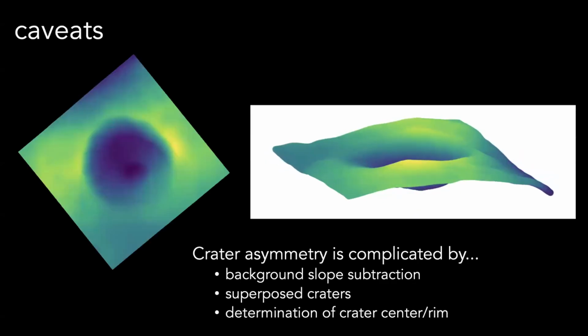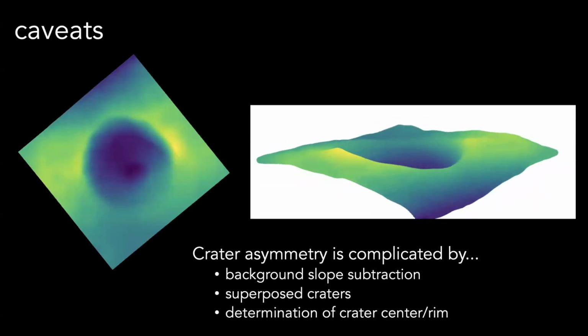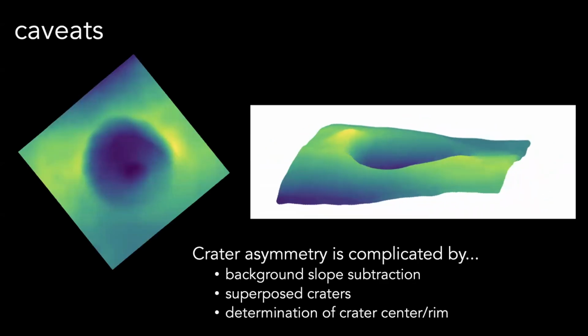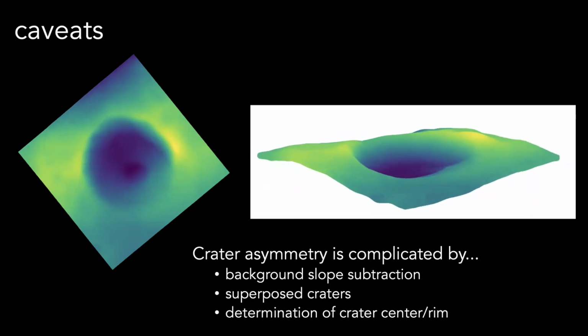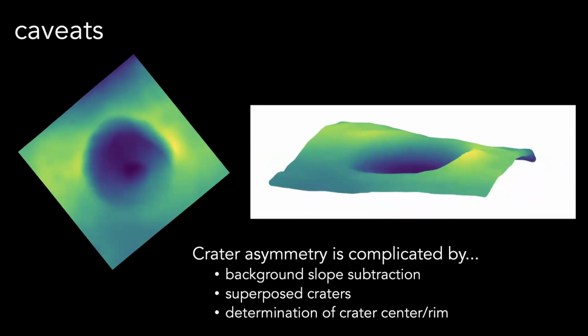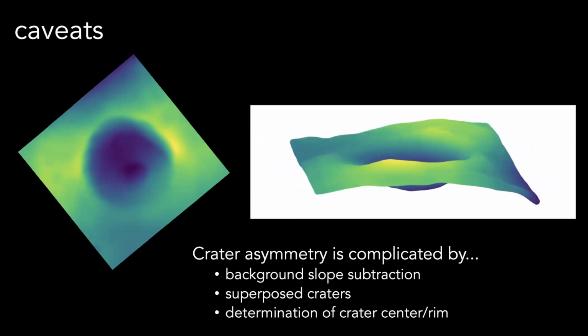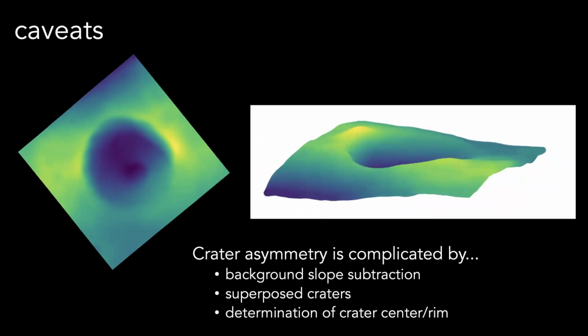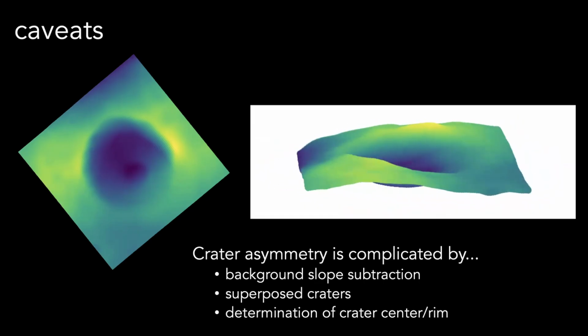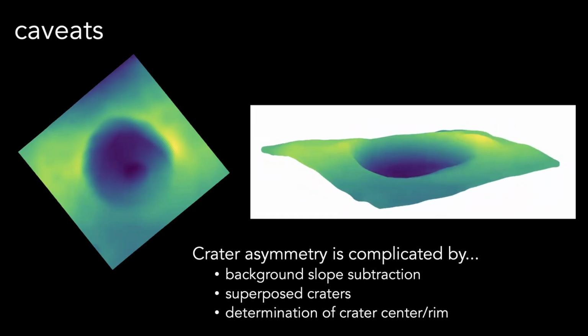There are a number of large caveats that have to be attached to this analysis. The first is that, just as we've talked about at this meeting, extracting morphometric parameters like depth and diameter is difficult. And these craters are not nice, fresh, simple bowl-shaped craters.